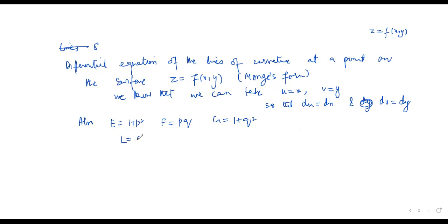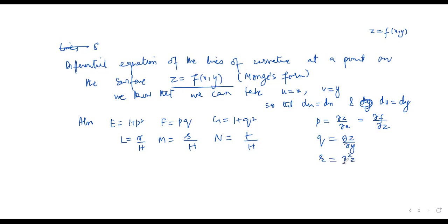And of course, L is equal to R by H, M is equal to S by H, and N is equal to T by H. तो तुम्हें पता है what is p? p is del z by del x या del f by del x, because z is equal to f of x, y. इसी तरह से q है अपना del z by del y, r है del 2z by del x square, s है del 2z by del x del y, and t है del 2z by del y square. So ये मतलब we have done that.